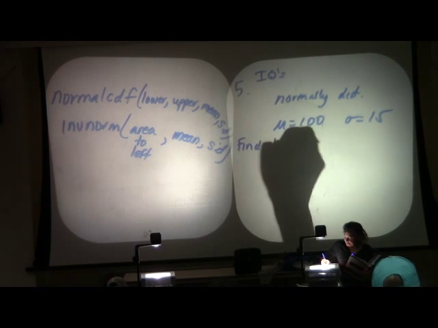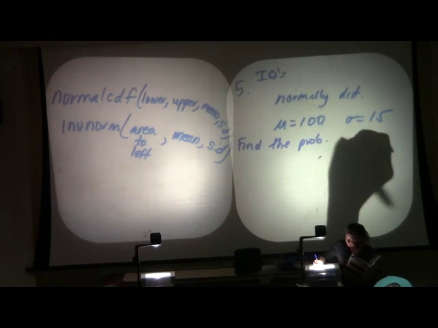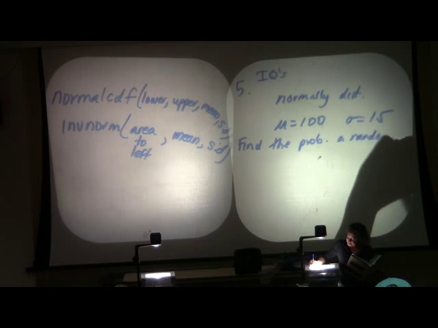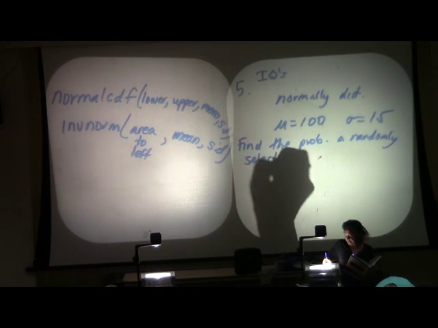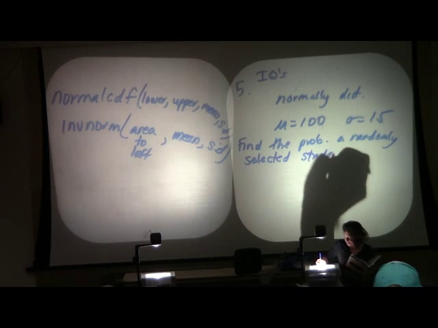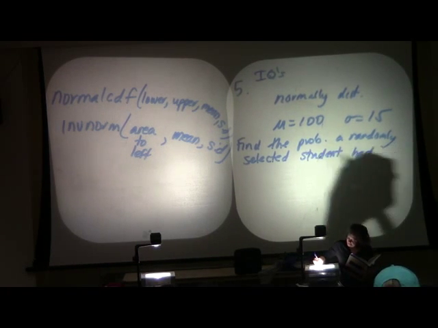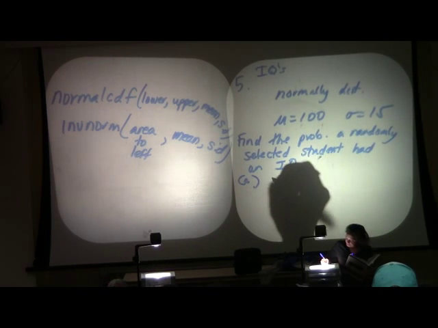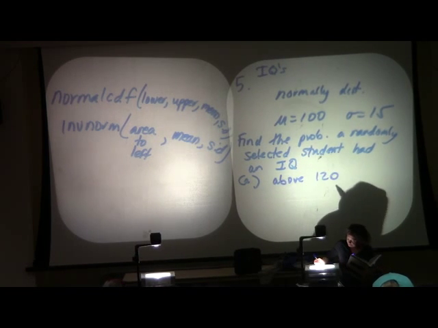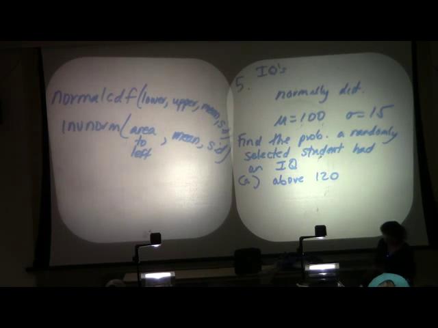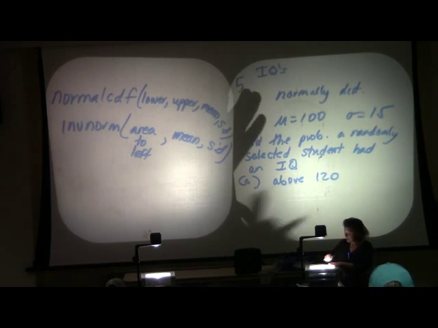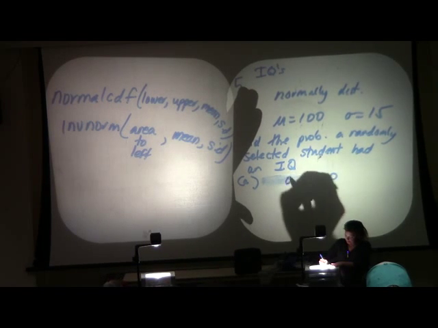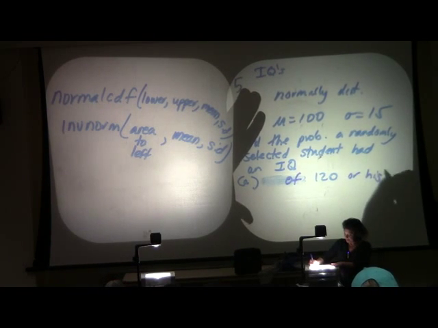What if we want to find the probability a randomly selected student, this is review from last Friday, so this is nothing new, had an IQ of 120 or higher?